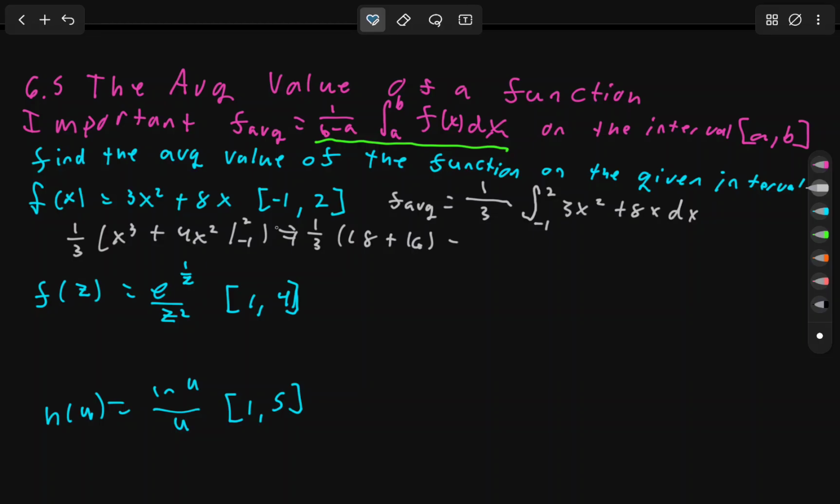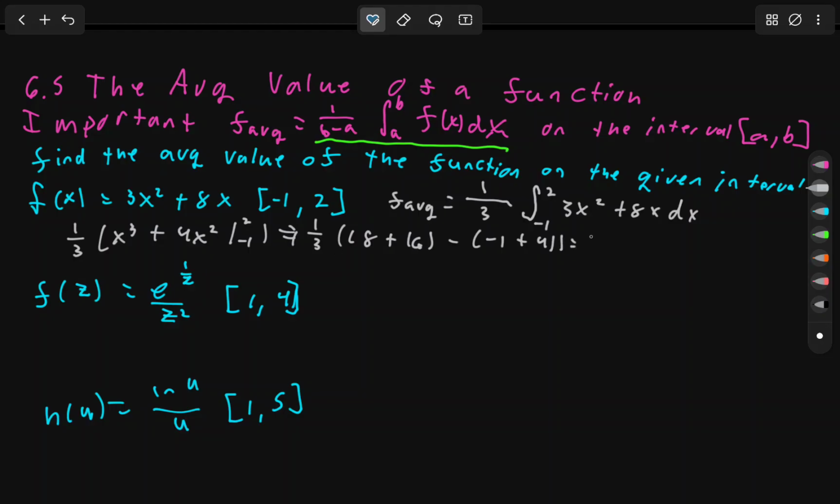Then we're subtracting it at the lower bound, which is negative 1 cubed, which gives us negative 1, and then plus 4 times negative 1 squared, which in this case is going to give us plus 4.